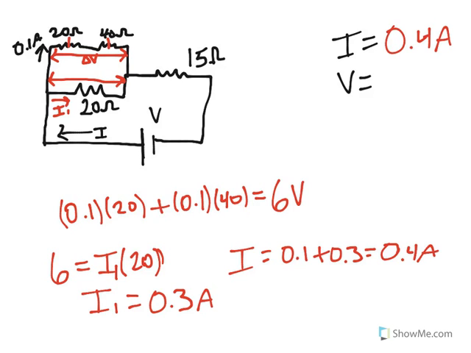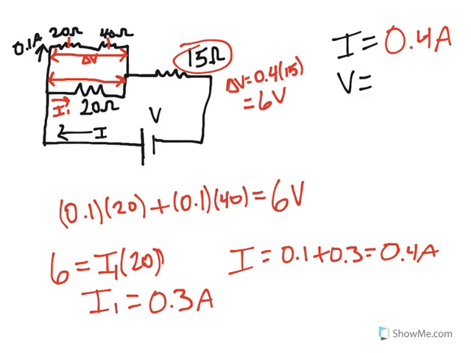So, total current. So if my total current is 0.4, let me find the potential difference across this 15 ohm resistor. And I'll do that by multiplying 0.4 times 15, and that gives me 6 volts.